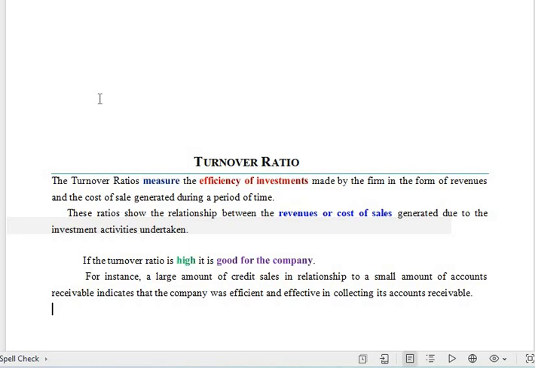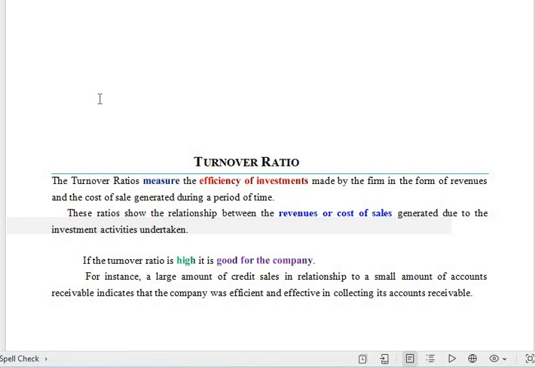The main purpose of this ratio is to measure the efficiency of investment. When you are doing a business, definitely we invest some amount initially in order to run our business. In such a case, in order to identify whether our investment is efficient or not, we find the variable, which is nothing but the revenue.